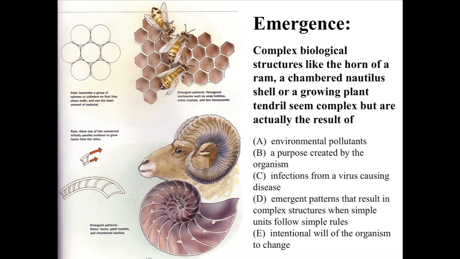So these emergent patterns create these very complex patterns in nature, but it's actually quite simple, based on a very low number of physical rules. So these complex biological structures may seem complex, but actually are the result of emergent patterns.